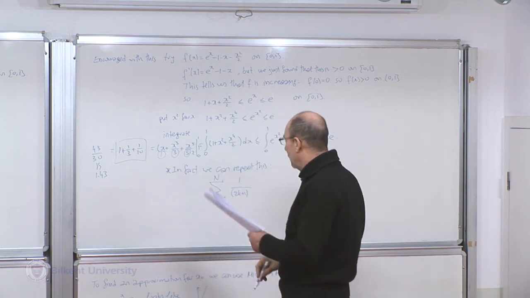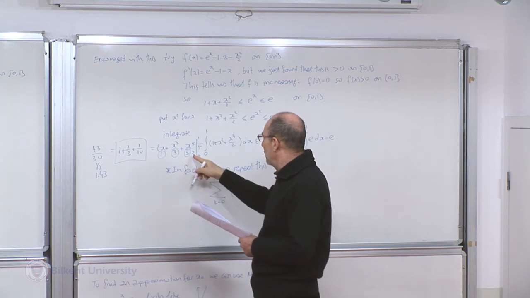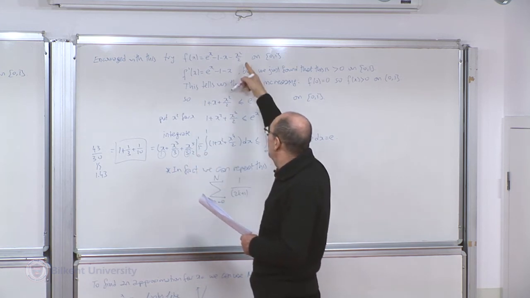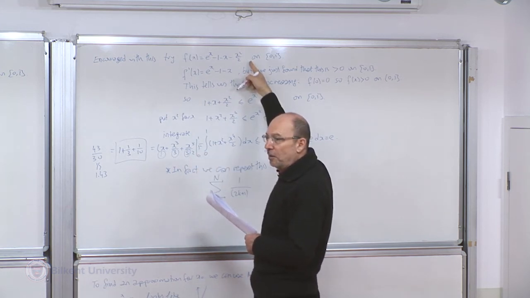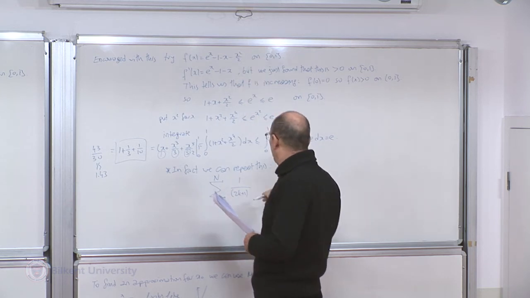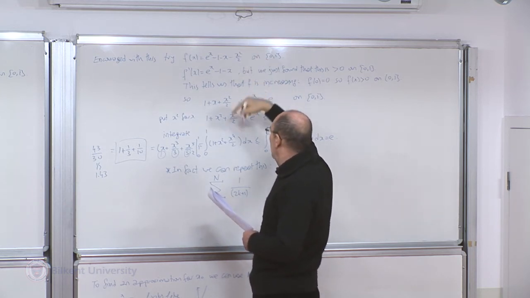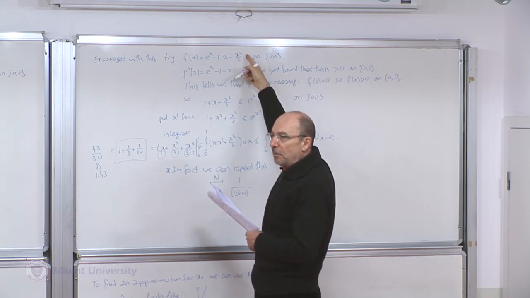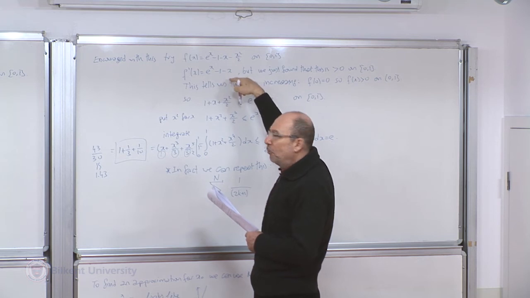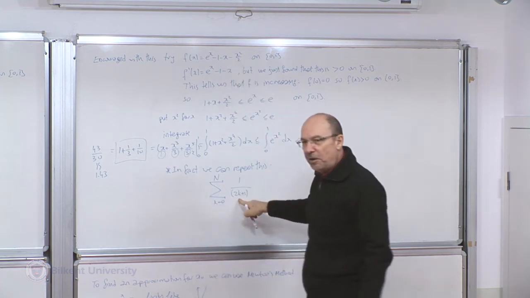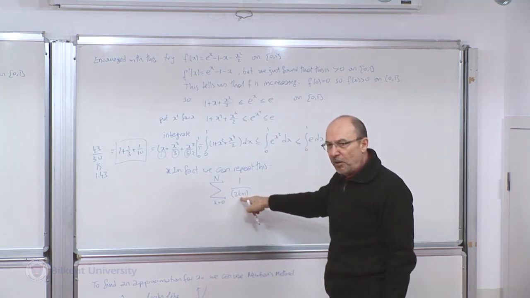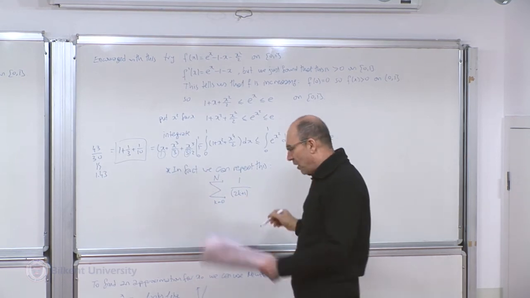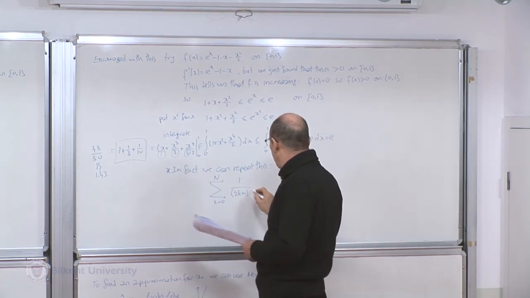Then there's 2 factorial here, and I said I'll have 3 factorial. When I integrate that, every even number will be increased by 1 and put in the denominator. And here I have the factorial, which is k factorial.